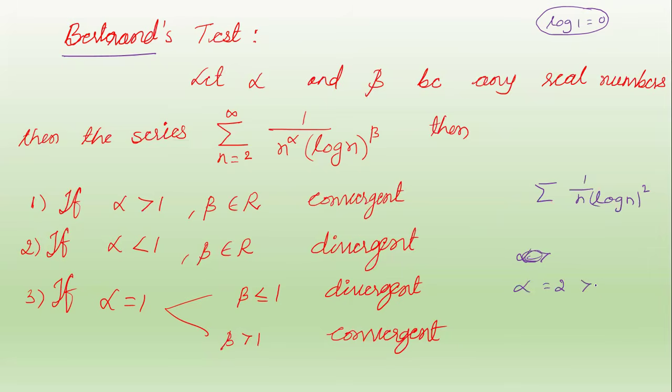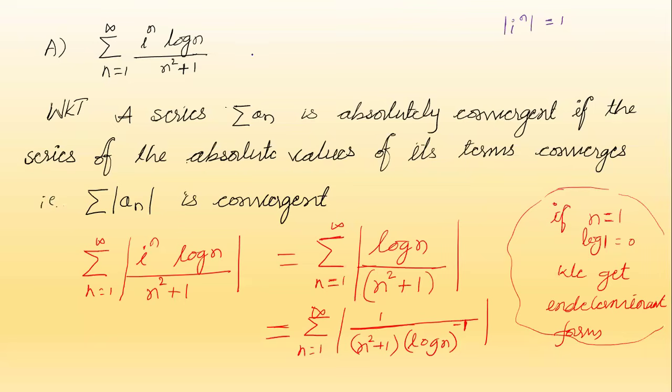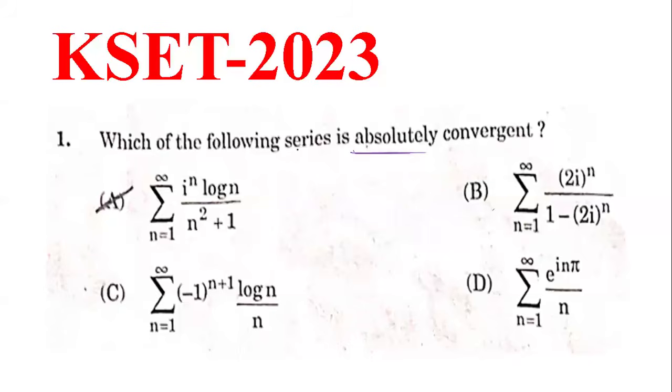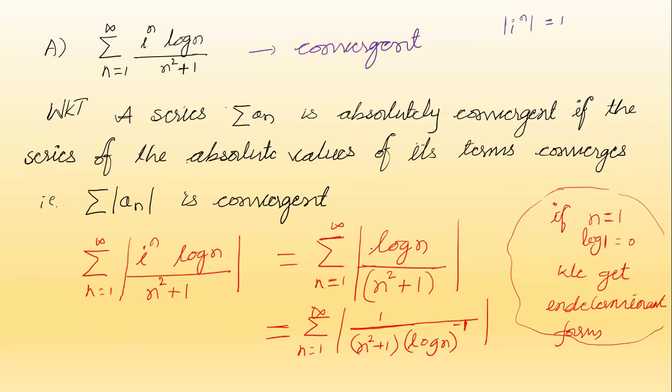This is greater than 1, and beta belongs to R. Therefore, in this condition, the series is convergent. Option 1 is convergent by using Bertrand test. Next, we get the answer. No need to check other options.